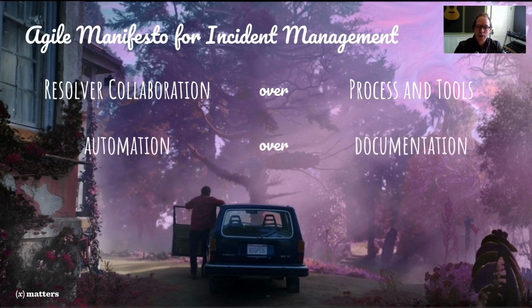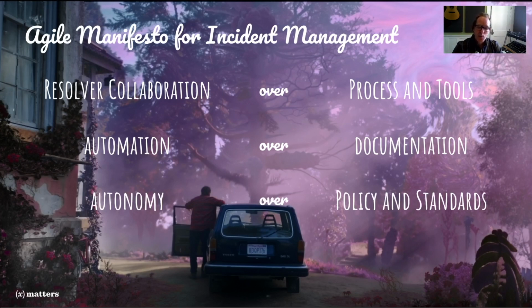Automation is more important than documentation, so it's great to have a document that tells you what to do when you are remediating an incident, but having an automated tool to do that for you is much faster and much less error prone. So we value autonomy more than policy and standards, meaning that it is job number one to get a service restored when you have an incident, and policy and standards are there as guidelines, but ultimately you have to get that service back up and running as soon as possible.